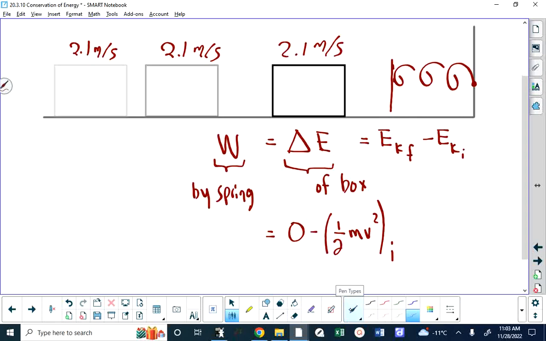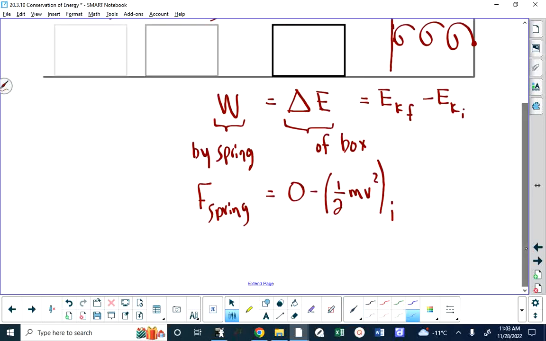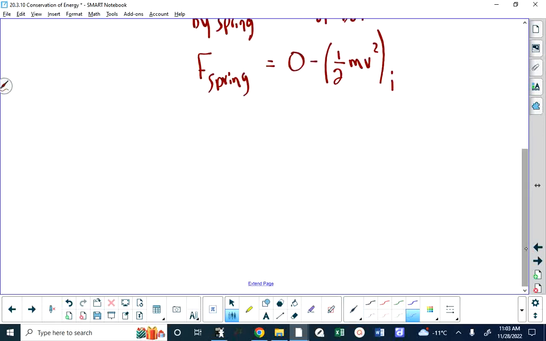In other words, looking at it this way, everybody, the box undergoes a negative amount of work. I should say that differently. Something does a negative amount of work to the box. And the reason for that is that the force that the spring exerts on the box is to the left in my diagram, and yet the object was moving to the right. Now, how do we calculate the force that the spring exerts?